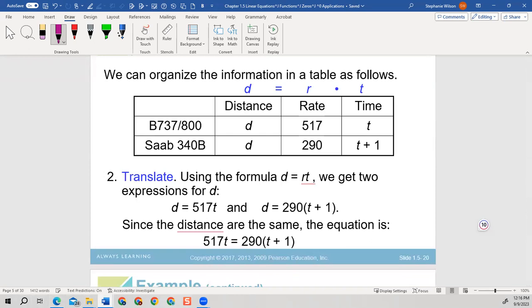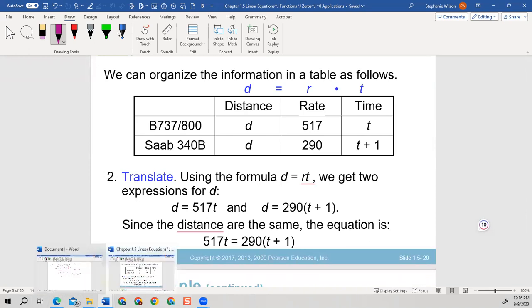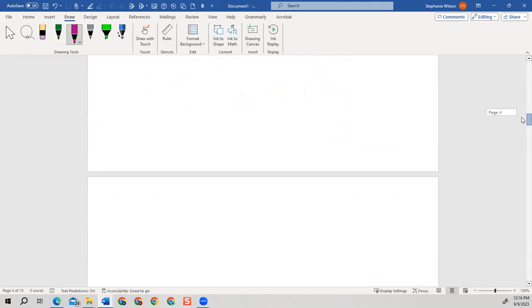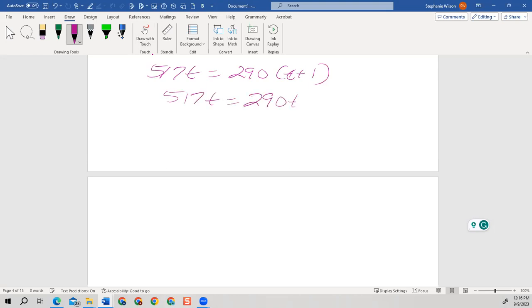And get my paper. So it's 517. All right, so I got 517T is equal to 290 times T, because I'm going to distribute this, plus the 290.